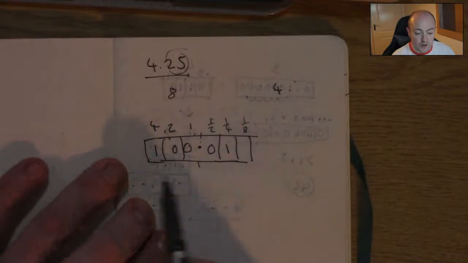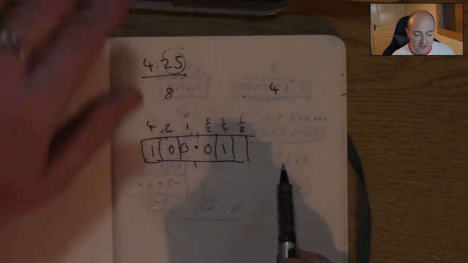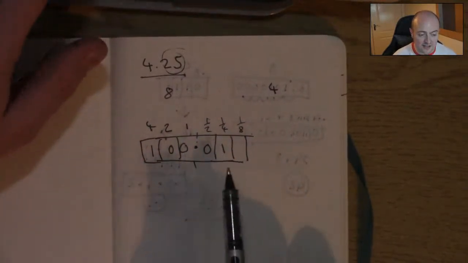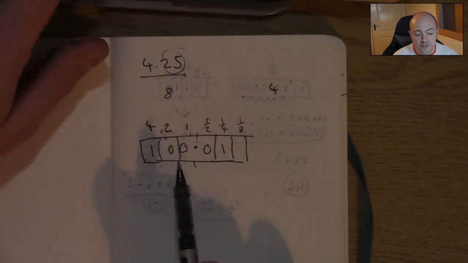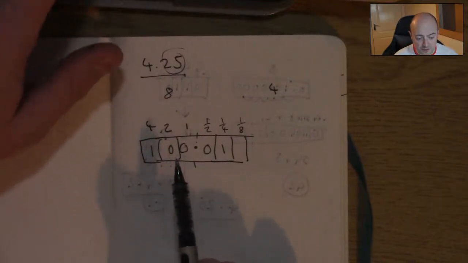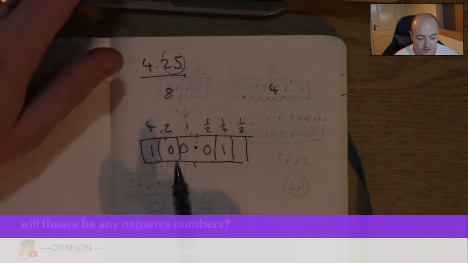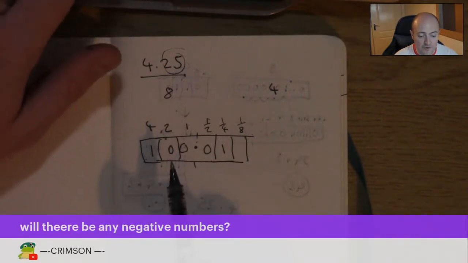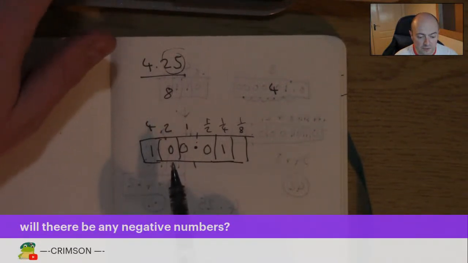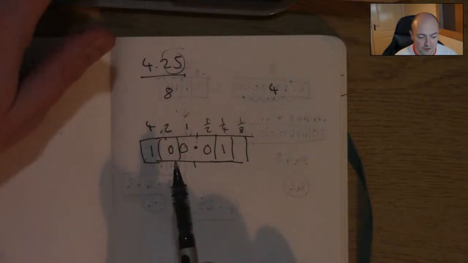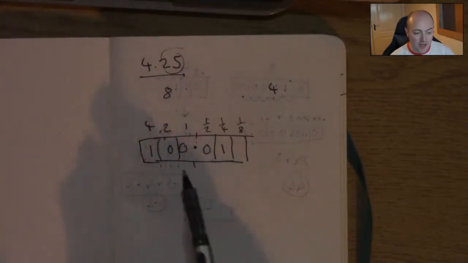Now that's positive representation. That's signed. So that's unsigned at the moment. Because the answers will be positive, we don't need to worry too much about it. And just then to answer this question, no, there will be no negative numbers needed for the assessment tomorrow. So don't worry about that. Okay.